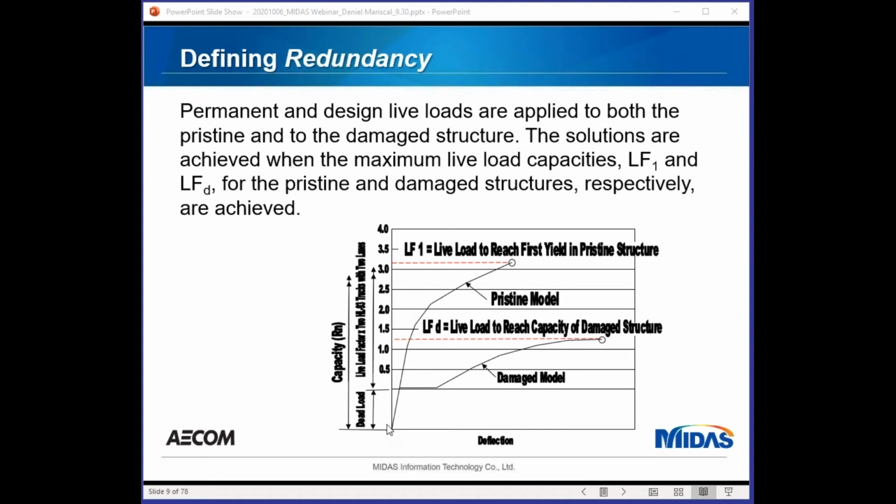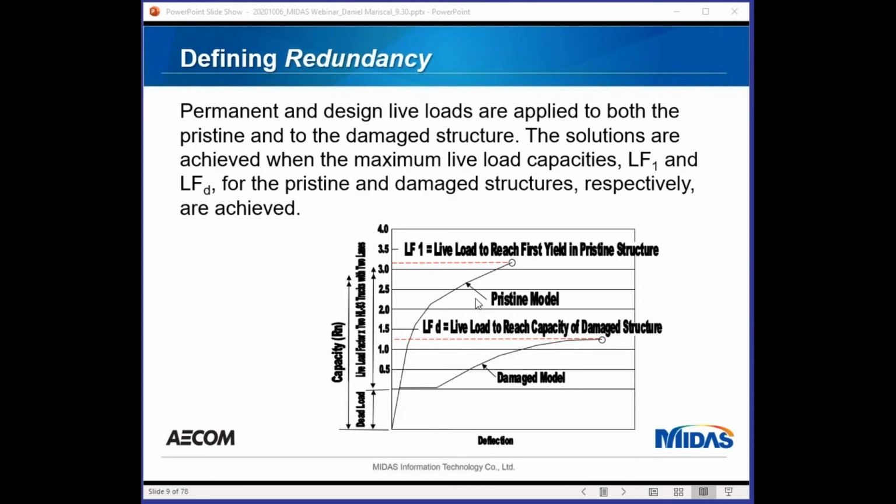We can load the structure beyond the capacity of 1, and we still get our response. As we load the bridge more and more, the structure starts to deform more until it breaks. This is just a sample graph, it doesn't represent any particular bridge or structure.